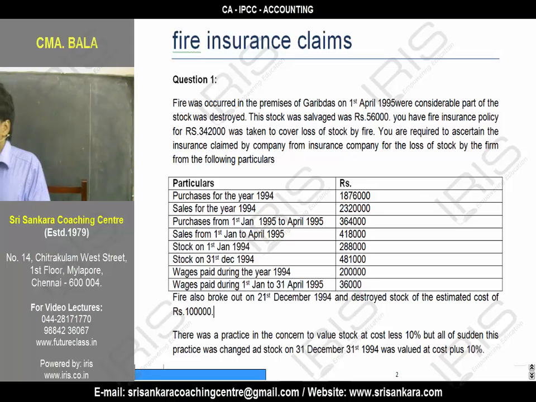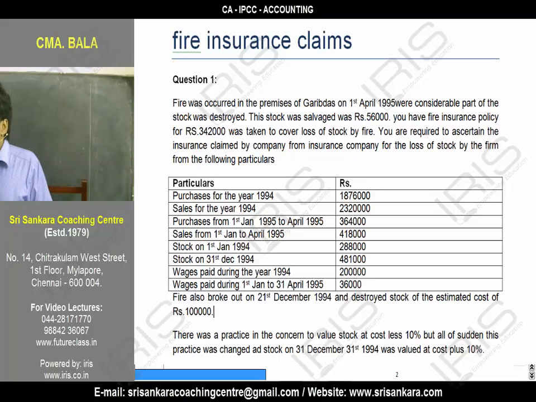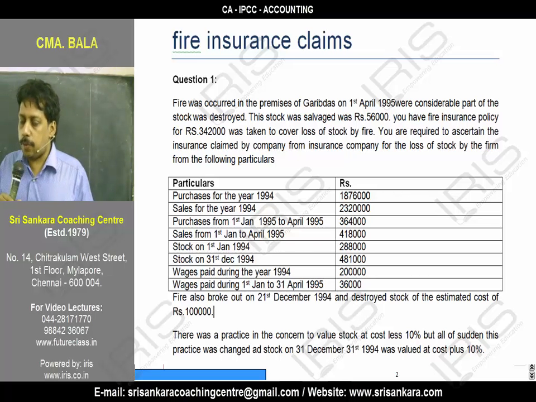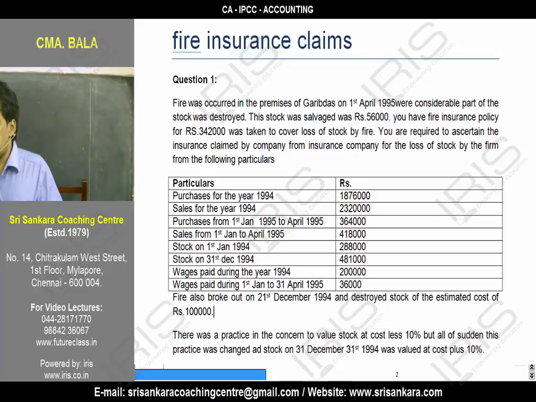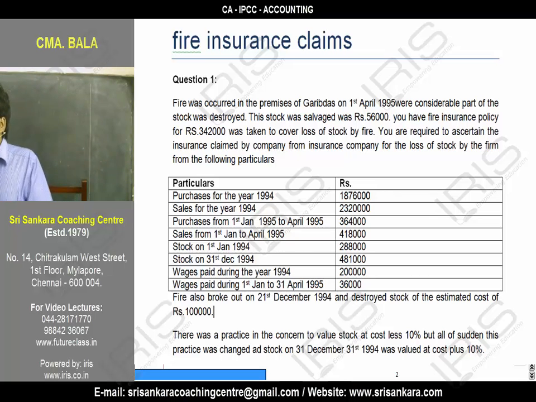Of the cost of goods available to be sold, how much is not sold? Minus 1 lakh, what is destroyed, and also minus 4,40,000, what is unsold. You minus 1 lakh and minus 4,40,000. What is the balance you get? 18 lakh 56,000, and what is this? This is the cost of goods sold.